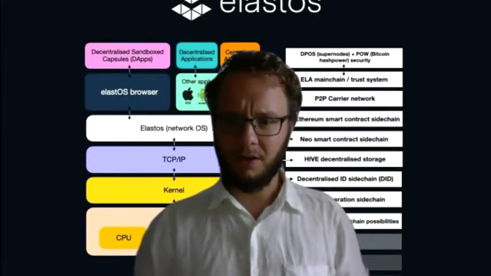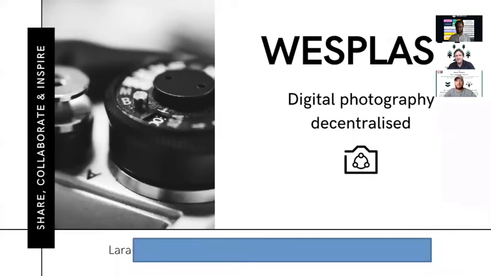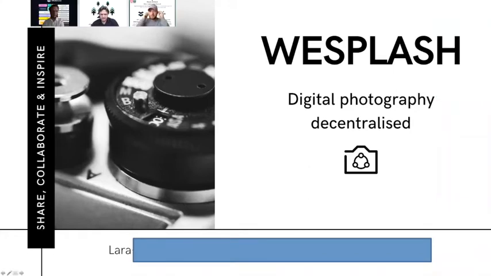So I'm going to share my screen, and you should be able to see something called Unsplash, Digital Photography Decentralized. This is created by a student called Lara, and obviously I respect her privacy, so that's all the details I'll give you. But Lara is a 24-year-old, fourth year, so she's in her last year.